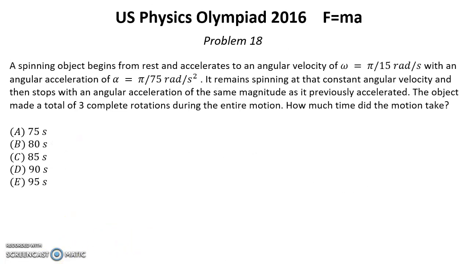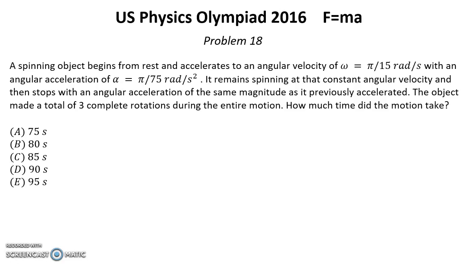Problem number 18. A spinning object begins from rest and accelerates to an angular velocity of omega equals pi over 15 radians per second, with an angular acceleration of alpha equals pi over 75 radians per second squared.